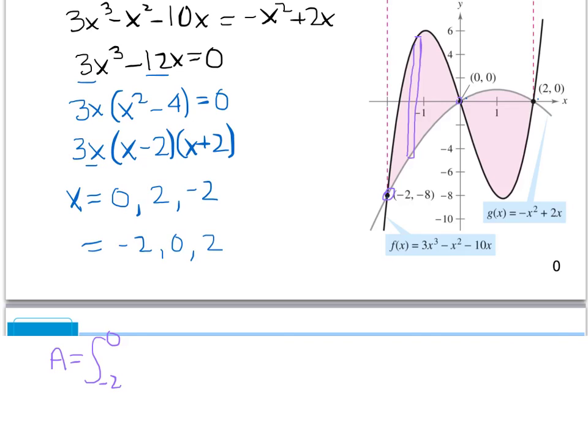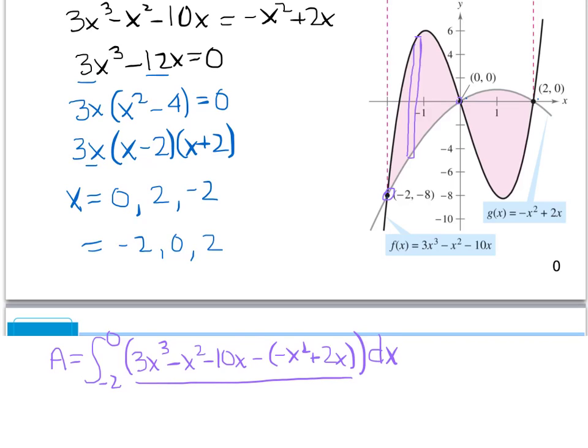We said that f of x was greater, so I'm going to take my function f of x, which was 3x cubed minus x squared minus 10x, and subtract my g of x curve, which was negative x squared plus 2x, and multiply that by dx, because all of this here is the height of my rectangle, and the dx is my width.